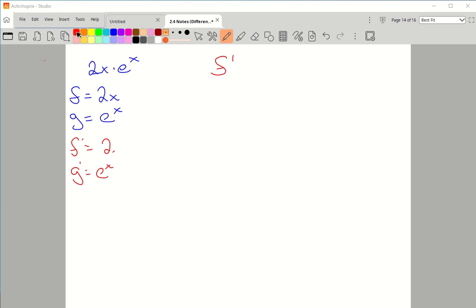So f prime g plus g prime f. Just putting these together. 2 times g. I don't need that parentheses. Plus g prime times f.